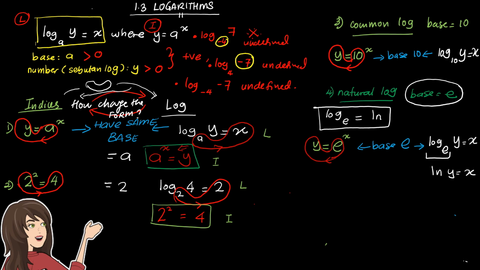Okay. This part is very important, alright? Why? Because when you are solving problem, alright, so in your problem solving, sometimes you have the form index, but you can't solve, so you need to change it into log. Or sometimes you have in form of log, and then we change it into form of index for you to find the solution.